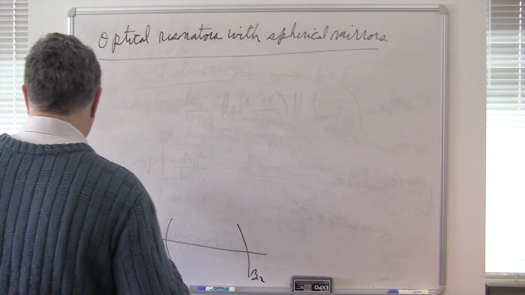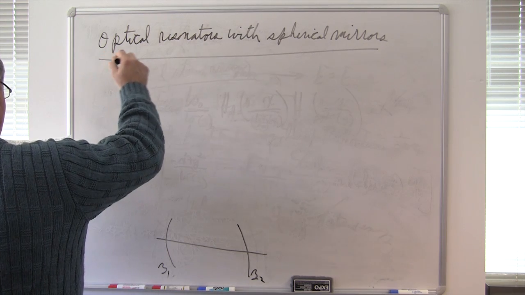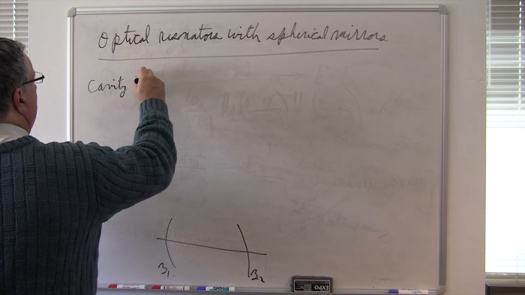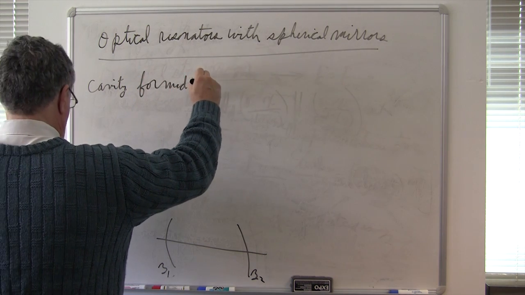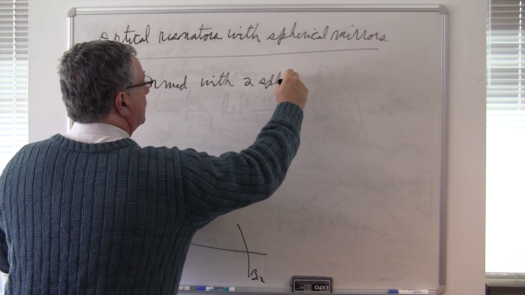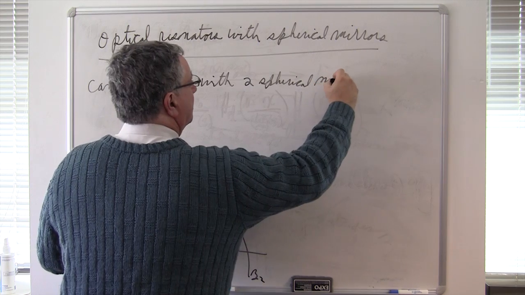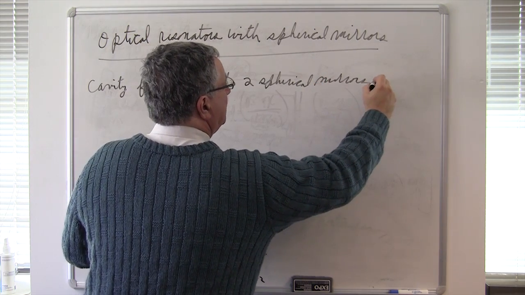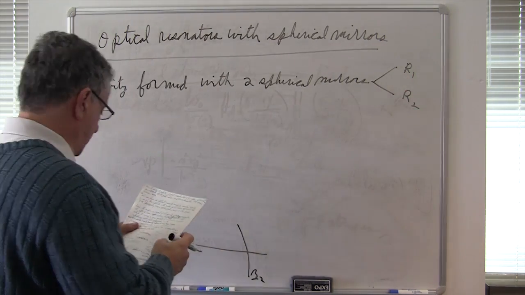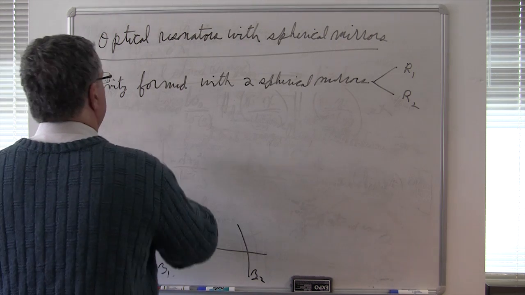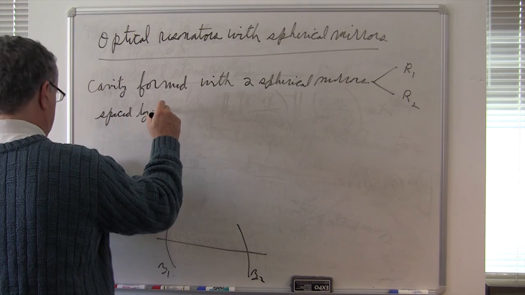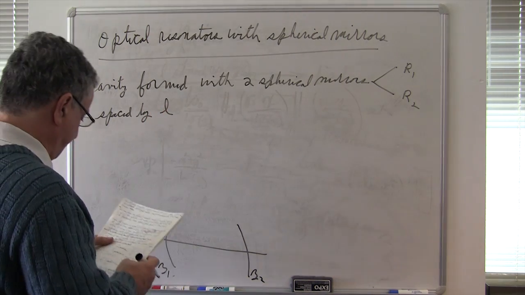Okay, so now let's consider a cavity formed with two spherical mirrors, one with radius of curvature R1 and the other with radius of curvature R2. And these two mirrors are spaced by a distance L. Okay?